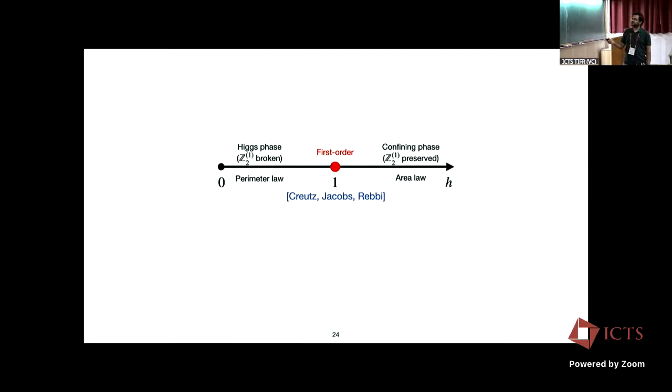So when h is small, the Z2 1-form symmetry is spontaneously broken. There is perimeter law for the Wilson loops. And when h is large, the Z2 1-form symmetry is preserved and the Wilson loops have an area law. And once again, the transition happens exactly at h equal to 1. This also was understood before this model was analyzed.